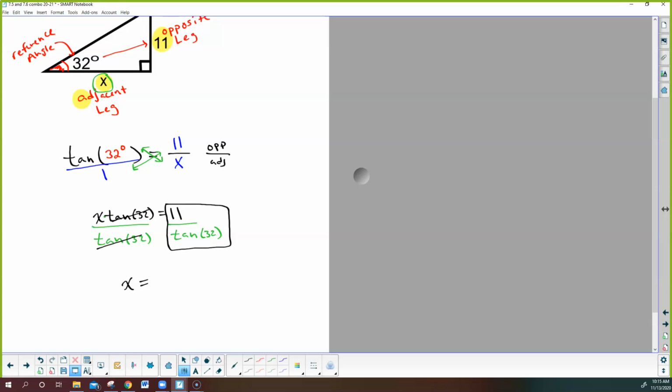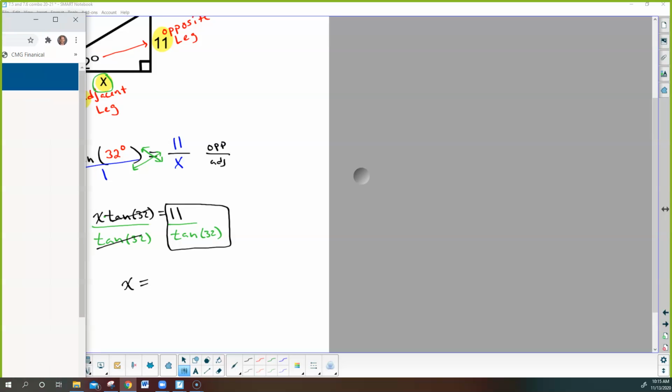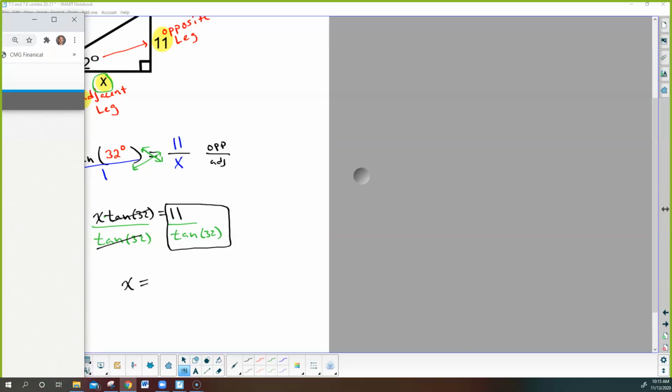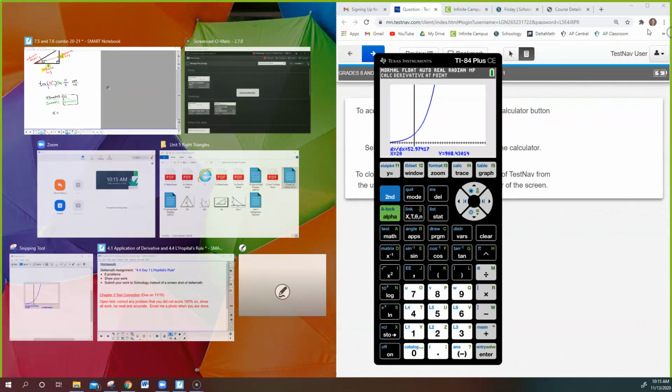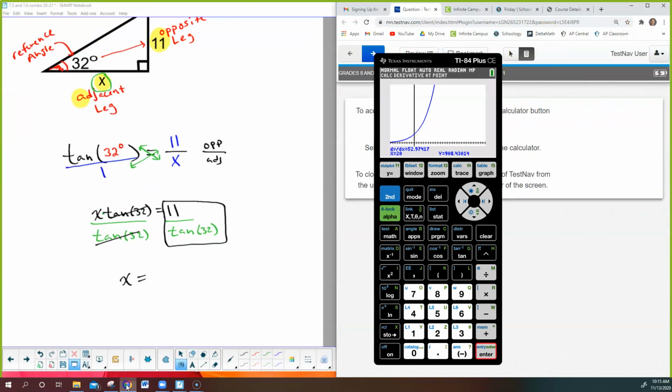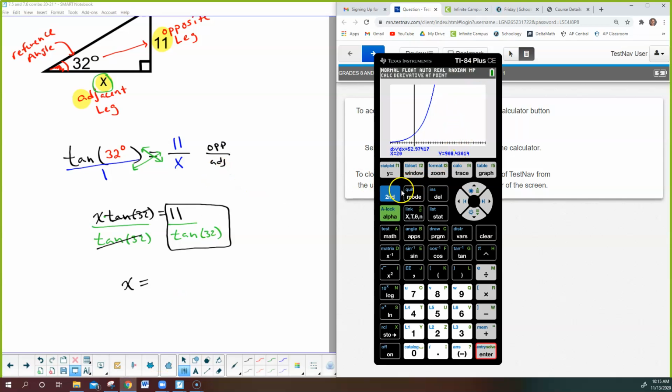I'm not sure how many of you have graphing calculators at home. If you don't have a graphing calculator at home and you have a school Chromebook, go to your desktop, and on that Chromebook is an icon that says TI-84 or TI SmartView. You might not have opened that up yet.